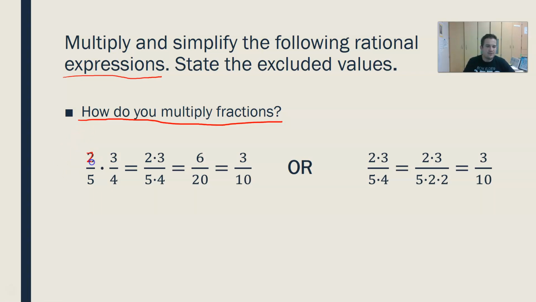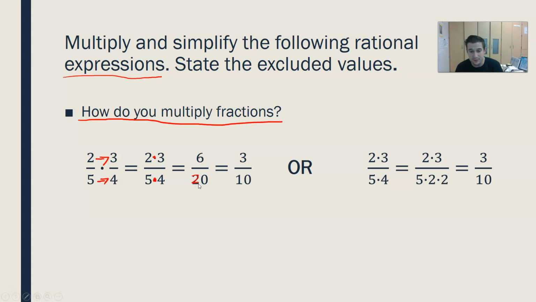For example, if I have the fraction 2/5 times 3/4, when I'm multiplying fractions together, I multiply the numerator, or the top, straight across, and I multiply the denominator, or the bottom, straight across. So 2/5 times 3/4 is the same as 2 times 3 over 5 times 4. I multiply the tops and the bottoms. 2 times 3 is 6, 5 times 4 is 20.